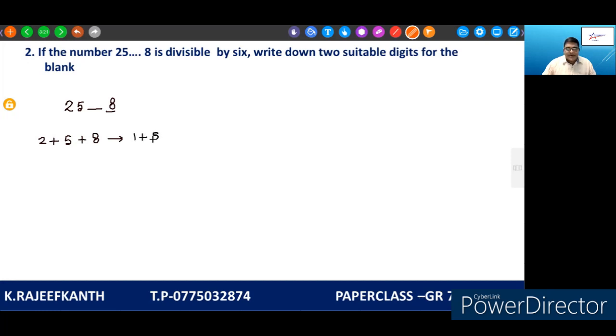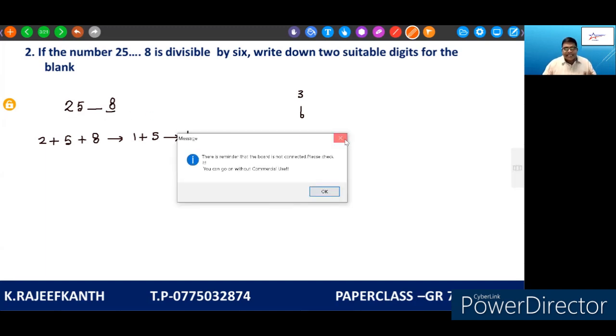Then 1 plus 5 is equal to 6. Here the sum of these 3 digits is 6. So, if a number is divisible by 3, then the digital sum should be 3, 6 or 9.